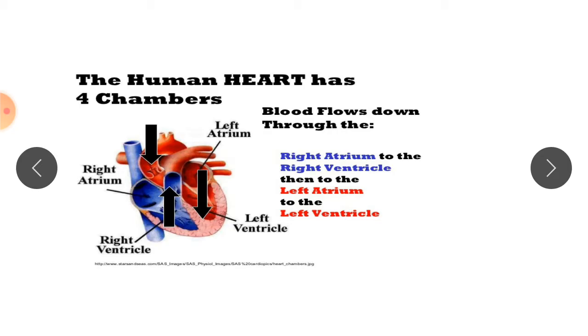The human heart has 4 chambers: right atrium, left atrium, right ventricle, and left ventricle. Blood flows down through the right atrium to the right ventricle, and from the left atrium to the left ventricle.